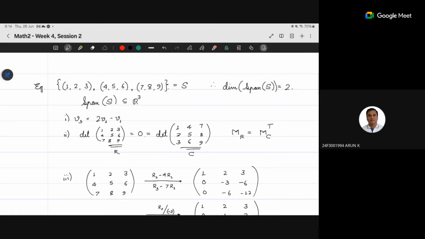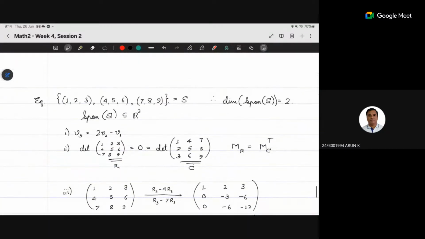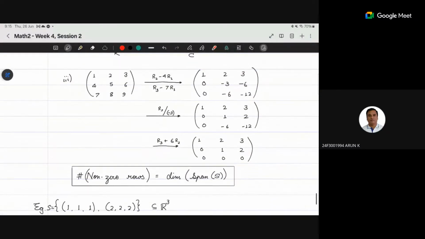To determine what that number actually is, there are some ad hoc methods, like seeing whether one of them is a linear combination of the others. In some cases, you can use the determinant to conclude whether they are dependent or not. But the algorithm that is going to work every time is to arrange them as the rows of a matrix, perform row reduction, get it to the REF, and look at the number of non-zero rows. That happens to be the dimension of the span.